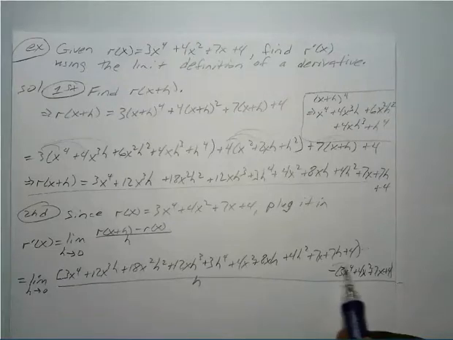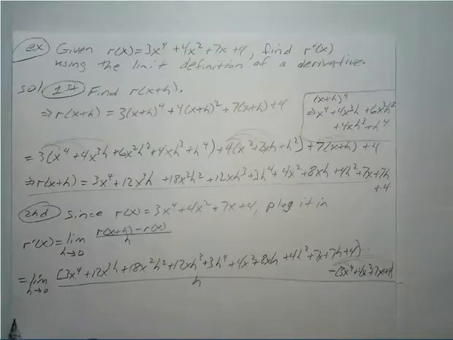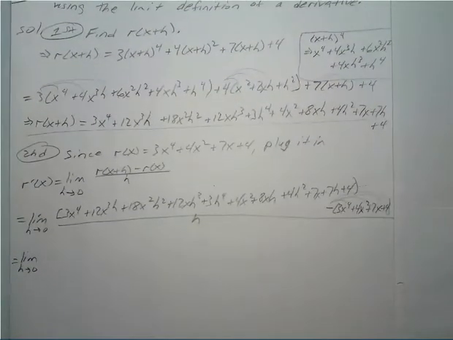Alright, so we're going to go ahead and distribute that negative sign. I'm going to try and get more of this on one line and look a little bit neater.